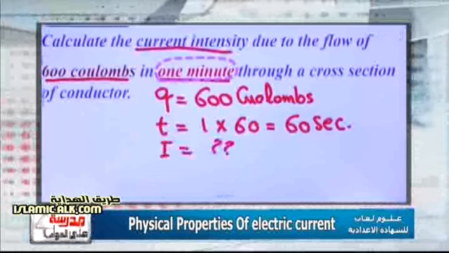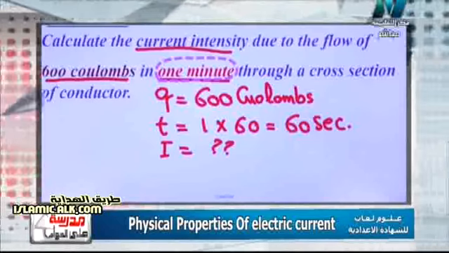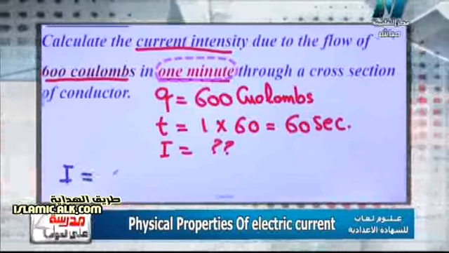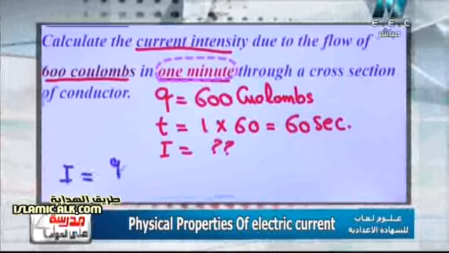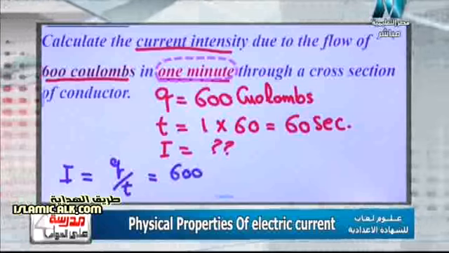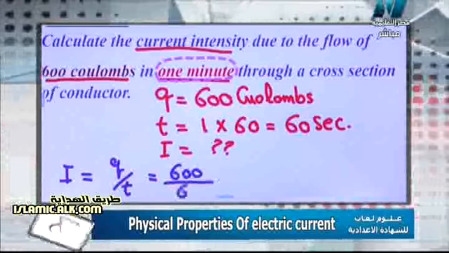So we know from the magic triangle, I equals Q over T. So I equals 600 over 60.